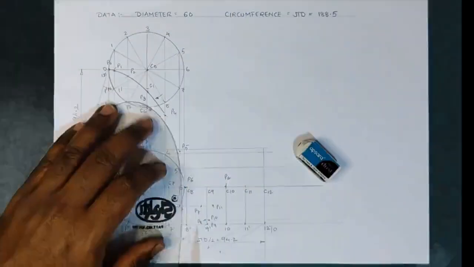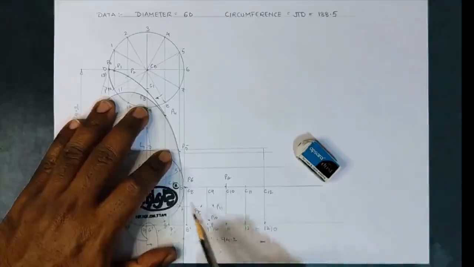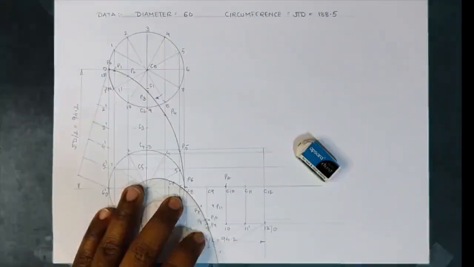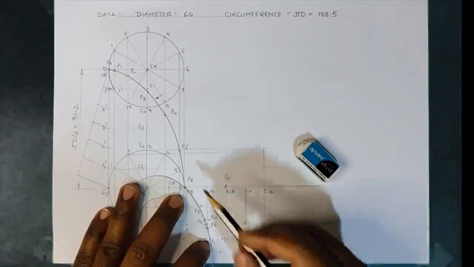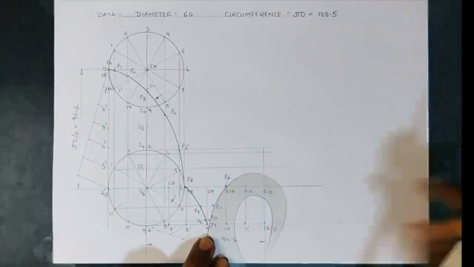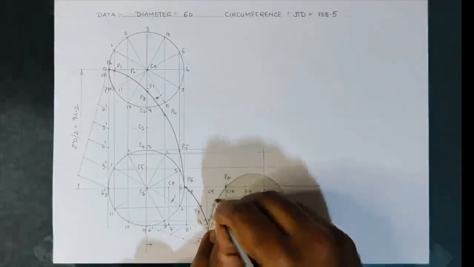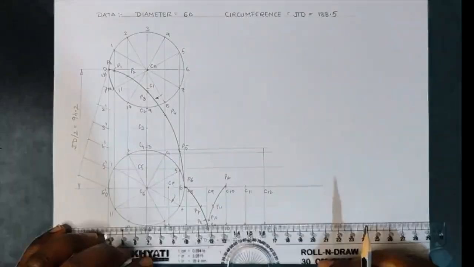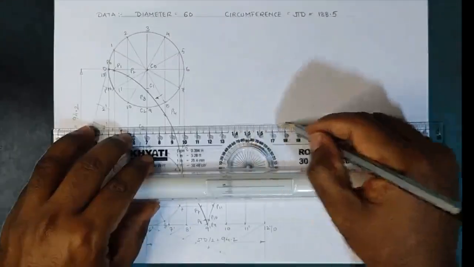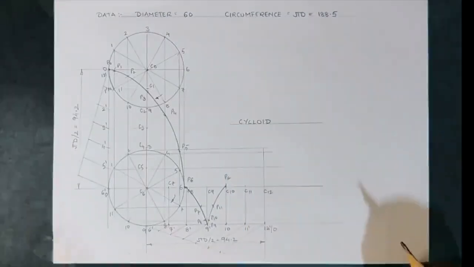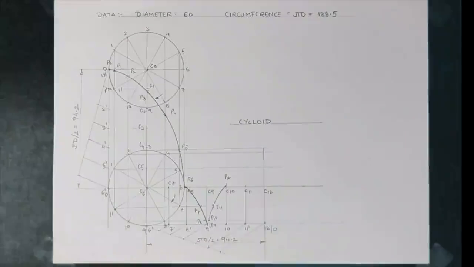So this is how the points on the cycloid are joined, and the point on this cycloid traces the following path. So I would put the name cycloid, and this is the required solution.